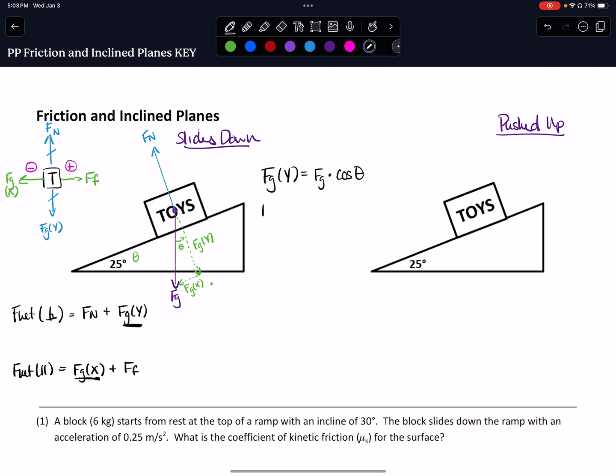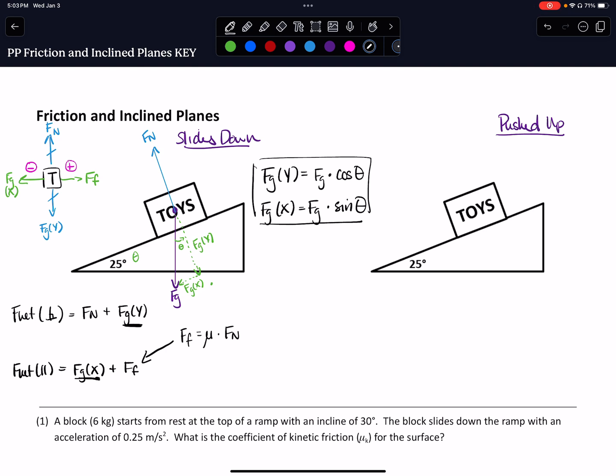If we look instead at the x component, we're again going to need the force due to gravity, and then we'll multiply that by the sine of the angle. So these formulas are vital to solving these problems because we need to plug them into our F net equations. Now one thing to keep in mind when it comes to our frictional force, we know that the frictional force is equal to the coefficient of friction times the normal force.